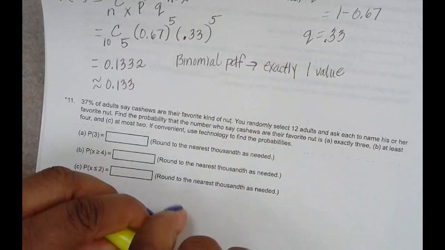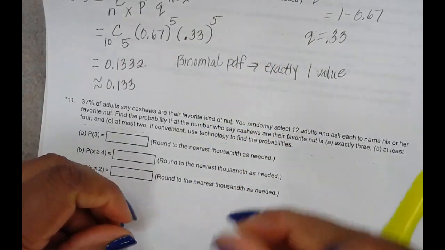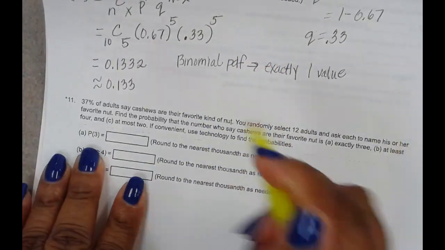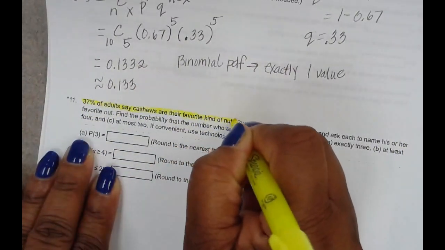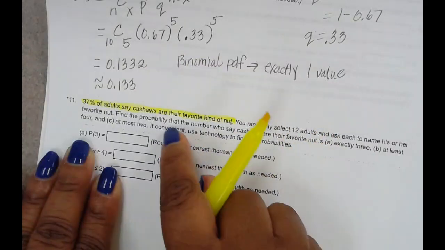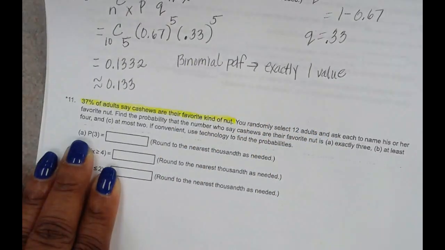In a binomial experiment, for this context, we know that the two outcomes are either cashews are their favorite or cashews are not their favorite, another type of nut is their favorite.